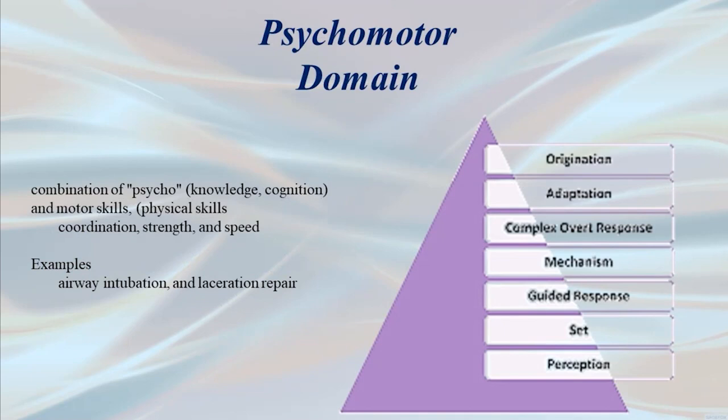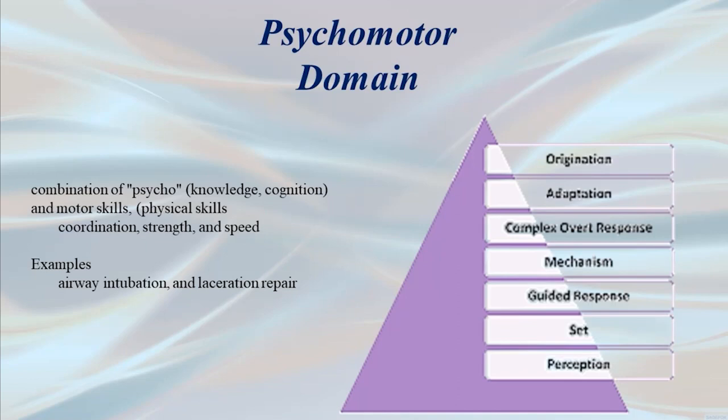The third domain is the psychomotor domain. This domain is demonstrated by physical skills such as coordination, manipulation, strength, and speed. For example, in clinical medicine, it could include setting up an intravenous drip, airway intubation, and laceration repair.